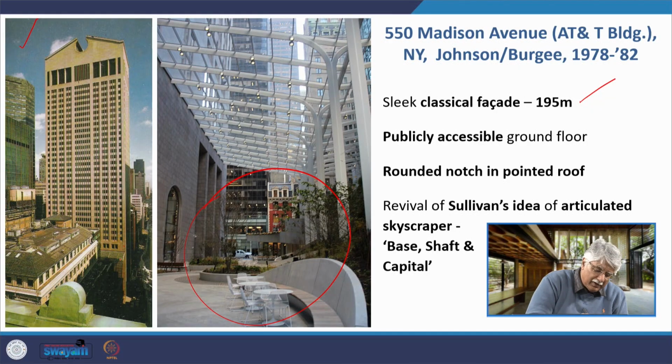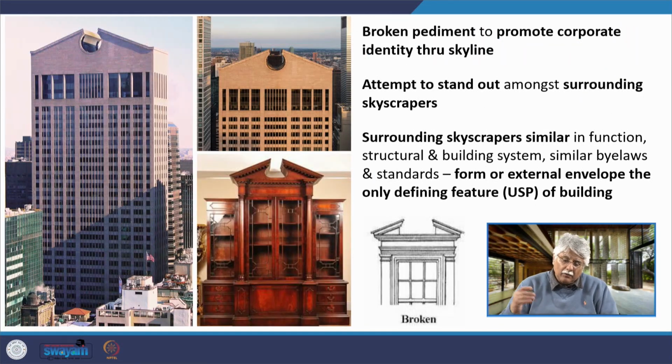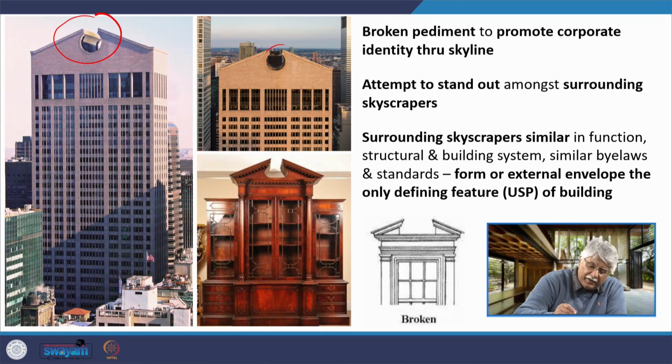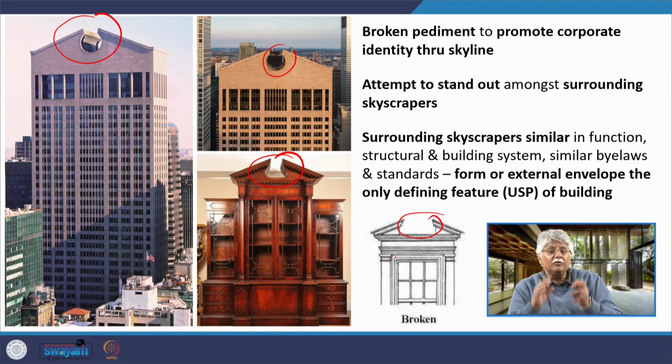This skyscraper has a base, a shaft and a capital like a classical building. Not only that, there is a broken pediment provided at the top of the building, a notch provided here, like you find this broken pediment here or like here, and this was to clearly identify the building in the midst of a large number of skyscrapers.